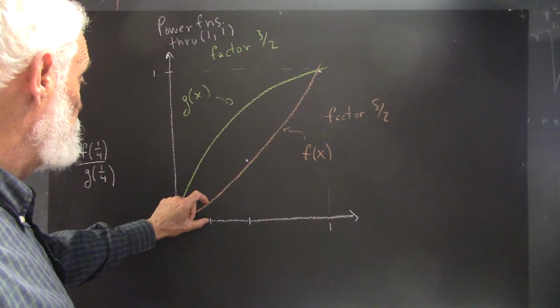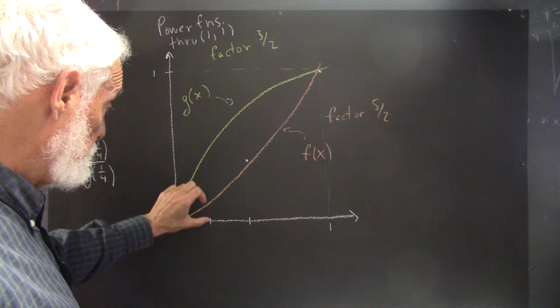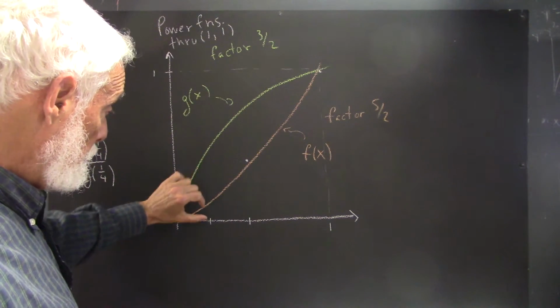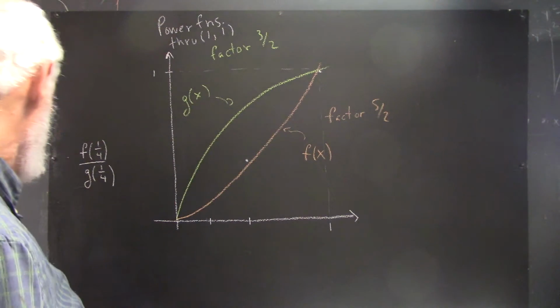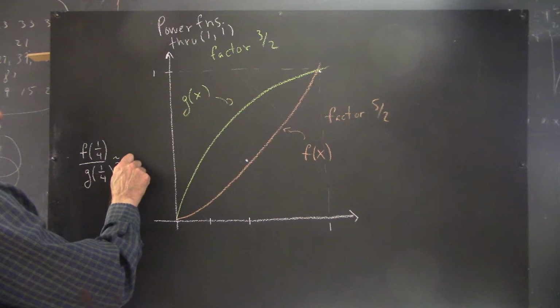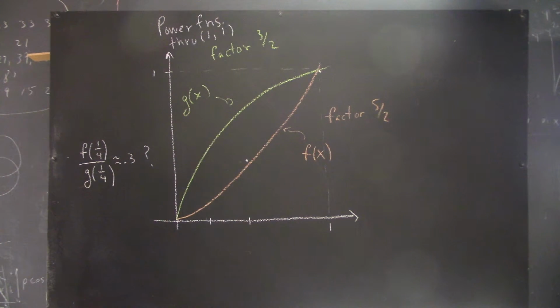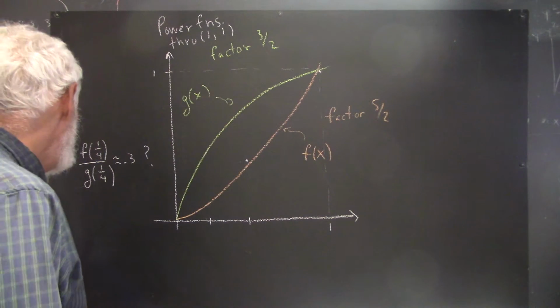So what's this divided by this? Well, if you consider this to be 100%, what percent is this? Looks to me to be about 30%, which would be maybe about 0.3. Maybe it's closer to 0.2. Maybe you can refine it a little better.